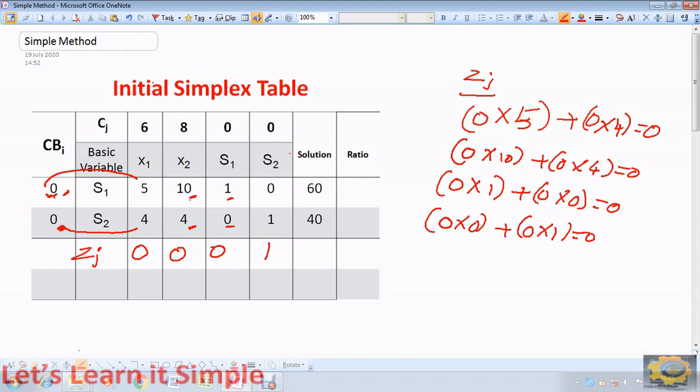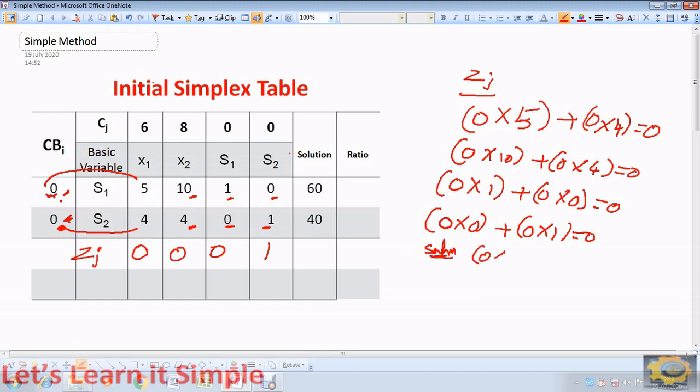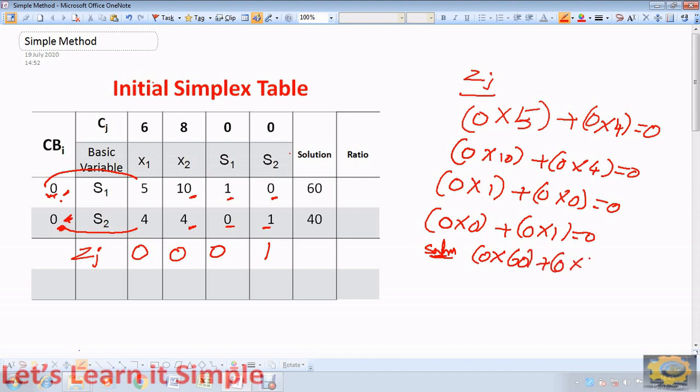Now in the solution column, again we have zeros in the coefficients of the basic variables. So 0 into 60 plus 0 into 40, which amounts to 0 again here. So that is 0 multiplied with 60, 0 multiplied with 40. So there is a mistake here. Actually it should be 0 here, right? 0 here. After this, what do we need to find?